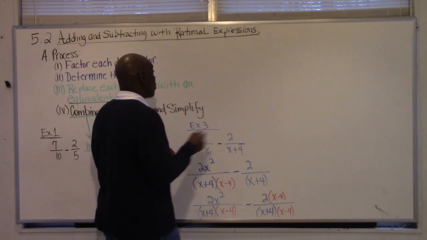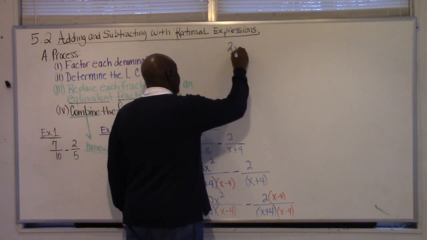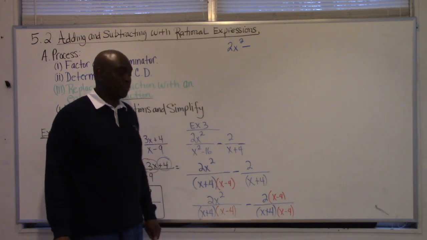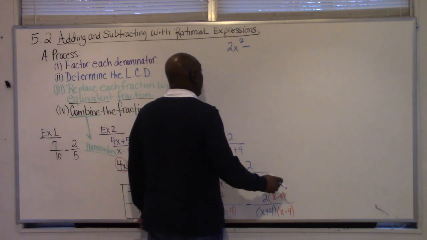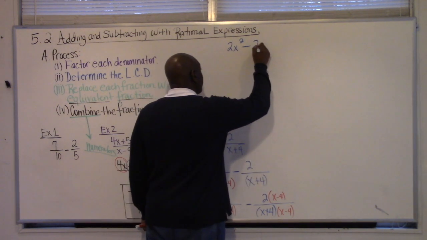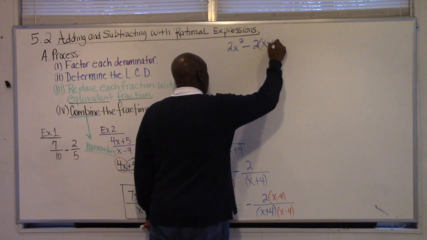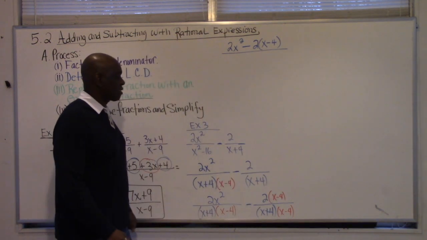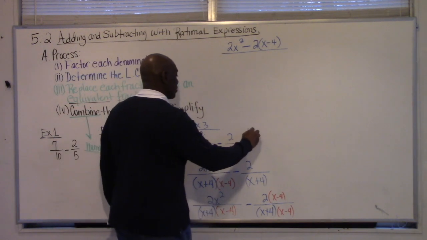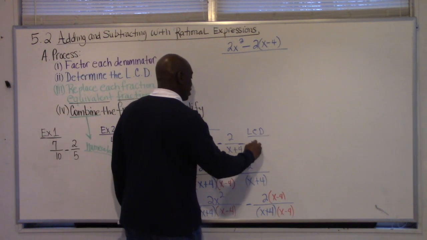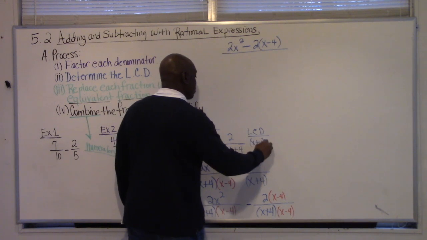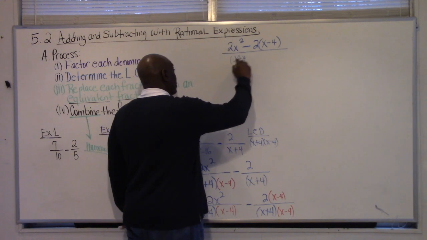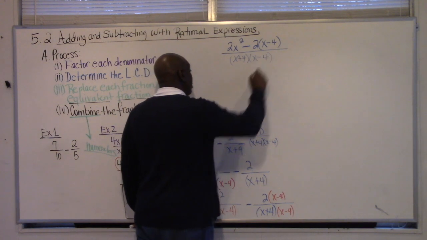We're going to have 2x squared minus, here's where you have to be careful, minus 2 times x minus 4, all divided by the least common denominator. We said the least common denominator was x plus 4 times x minus 4. That's what it's divided by.